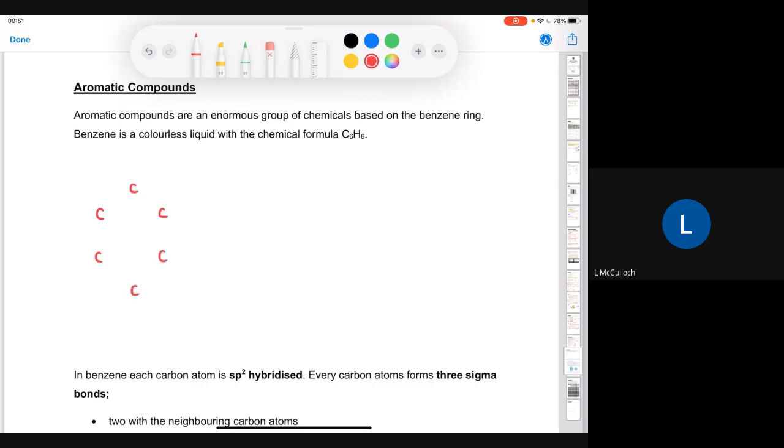Now I'm going to draw the petal diagrams showing how all of the bonds are made in a benzene ring. Now I will make sure that you've got time to copy this in.